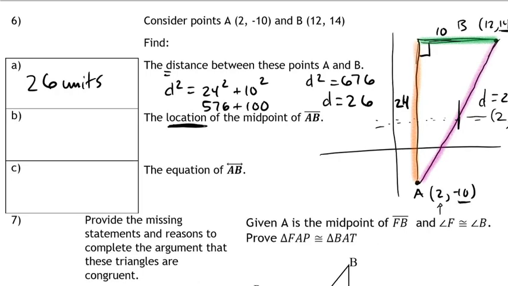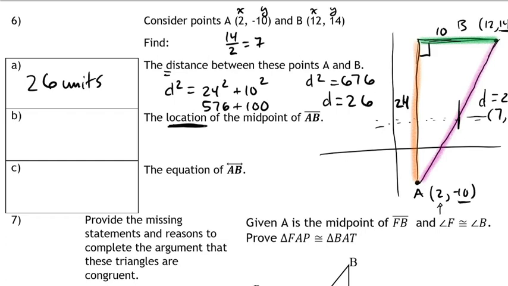And the other way we discussed finding that is to consider the average of our endpoints, which is the location of the midpoint. For example, if I consider the x and y values from my 2 different points, when I add the x coordinates, 2 and 12, I get 14, and then I take half of that and get 7. I wrote this ordered pair in the wrong direction. This is going to be 7 comma 2, over 7 and up 2.